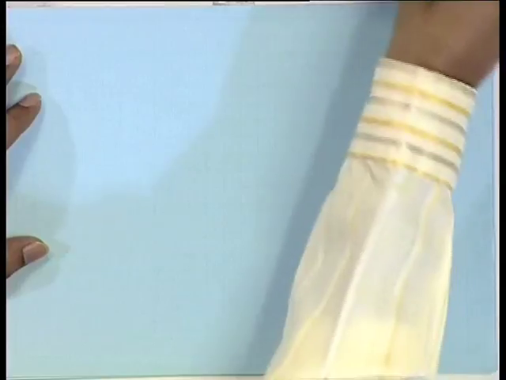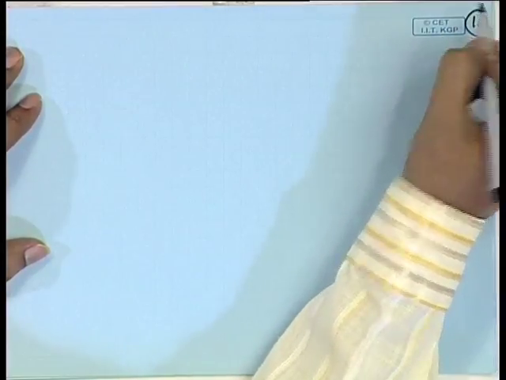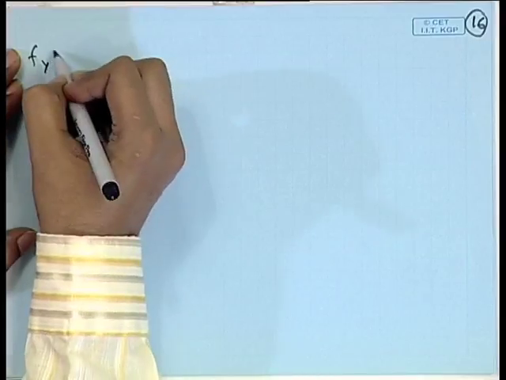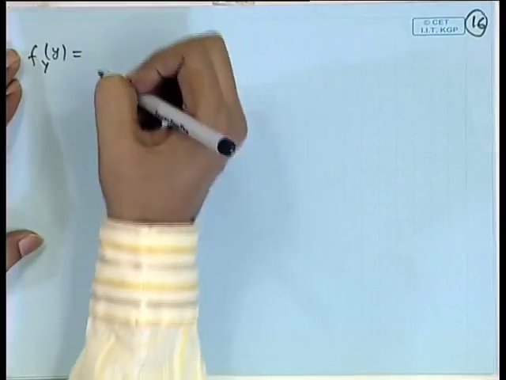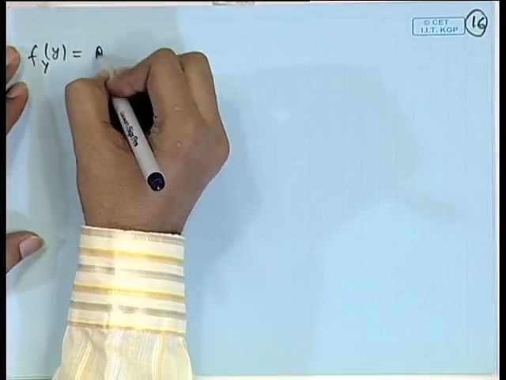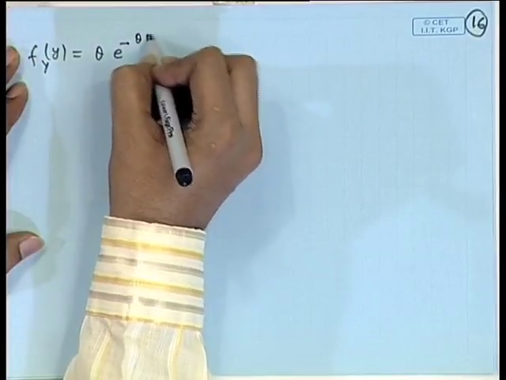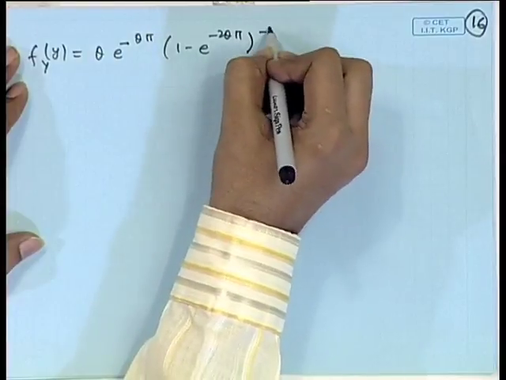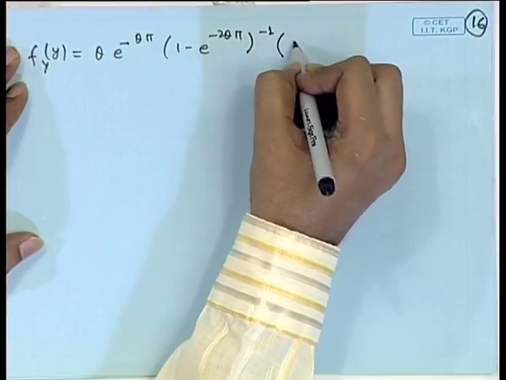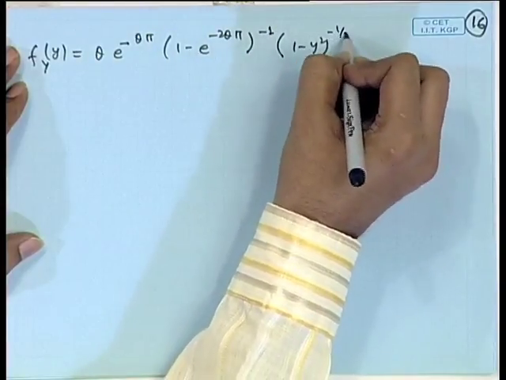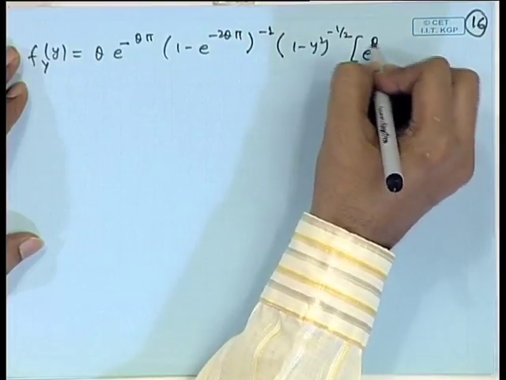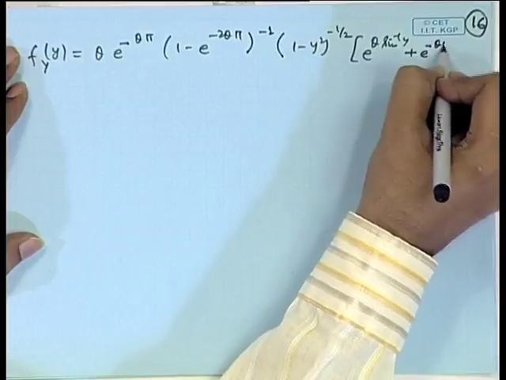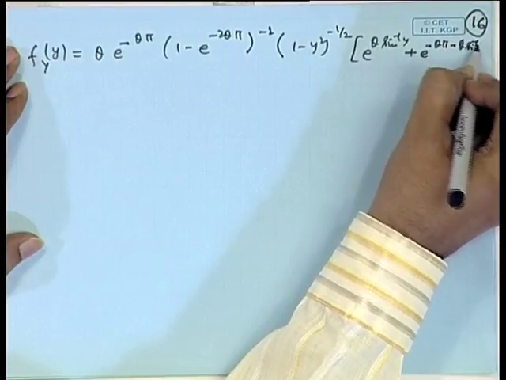So, after carrying out the calculations, the density of y can be obtained after differentiation as theta e to the power minus theta pi, 1 minus e to the power minus 2 theta pi inverse, 1 minus y square to the power minus 1 by 2, times e to the power theta sin inverse y plus e to the power minus theta pi minus theta sin inverse y.